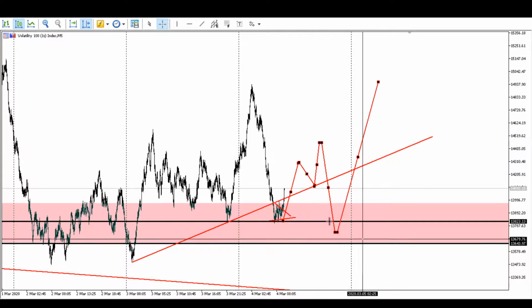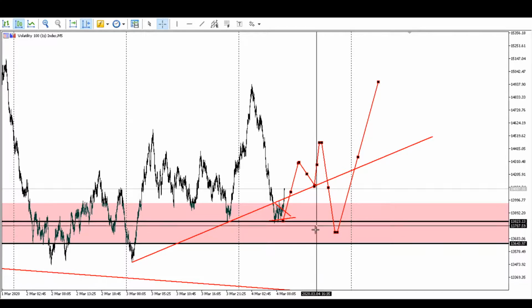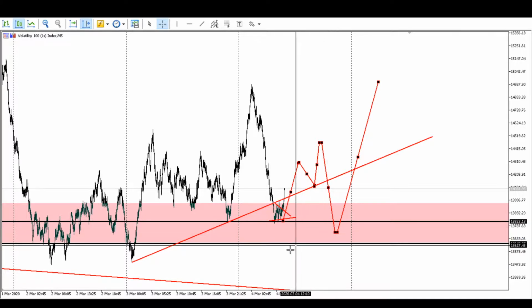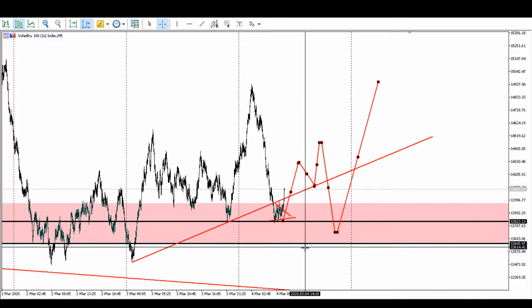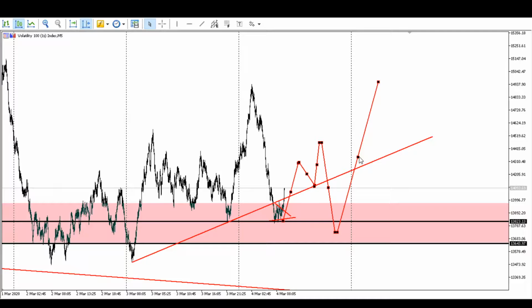So don't put your stop loss in this zone. You need to put it at least below this zone, somewhere here or here. At the end of the day, when you get the information and the confirmation, you also need to follow risk management. So you need to calculate your risk.